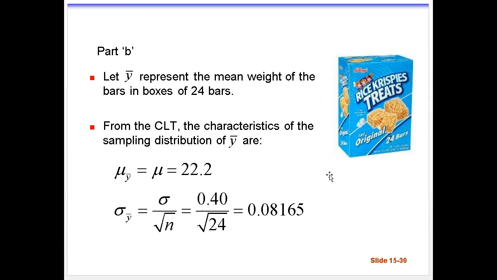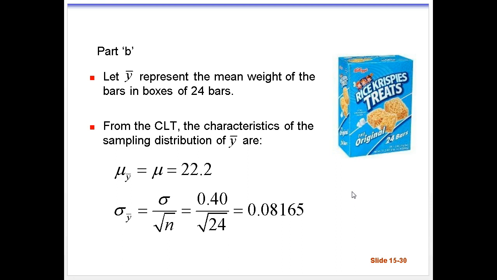From a realistic point of view, if you really had to do this from scratch, you'd go to your production line, take off a box of 24 bars, take all the bars out, weigh them all, find the average of the 24 bars, and record that average. And you'd go get another box of 24 bars, take them all out, weigh them, record the average, and do that over and over and over a large number of times.